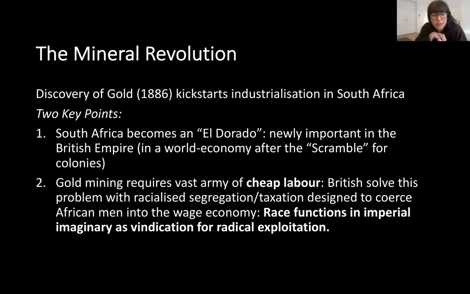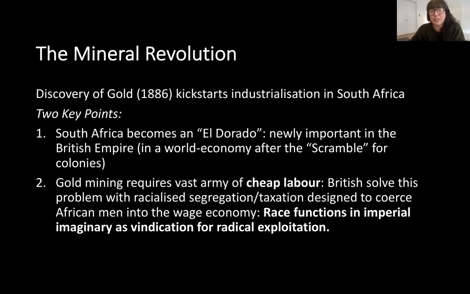The second point to take away is that gold mining in South Africa created massive shifts within the South African context itself. Without wanting to go into the literal mechanics of it, the actual process of gold mining required an enormous amount of cheap labor.